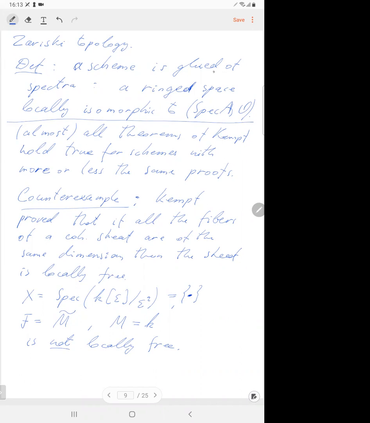Yeah, but still, this criterion for local freeness does not work as stated. In fact, it's not possible to state a similar criterion because somehow the underlying topological space is the same, but the ringed space is richer.